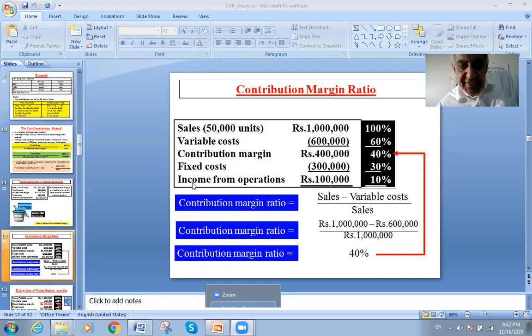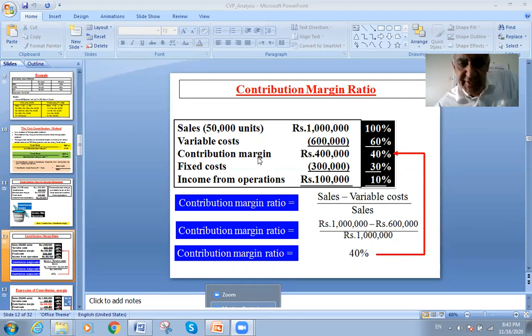Then the income from operation, when you take all the costs out: first we have the sales, we deduct the variable cost of 600,000, and from that we get the contribution margin, which is 400,000. Then we deduct the fixed costs, which is 300,000. At the end, we will have an income from operation of only 100,000.